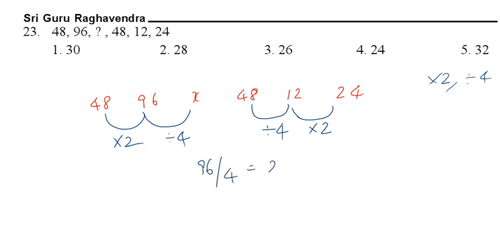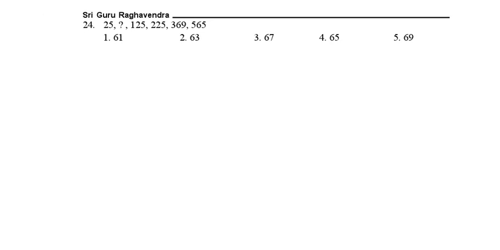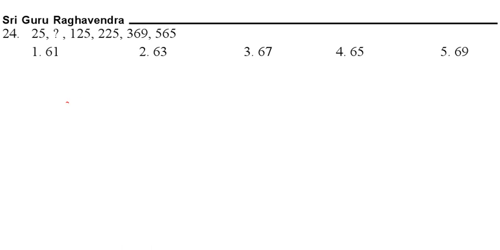Now the males in BA is 103.5. If 100 is equal to 400, 103.5 is equal to how much? 103.5 by 100 into 400, that is 103.5 into 4, 414. So males in BA is 414.